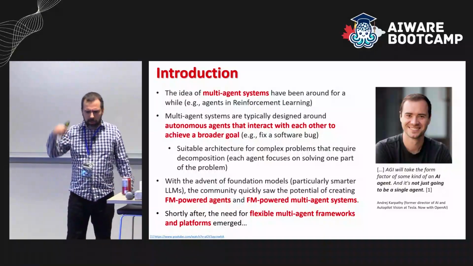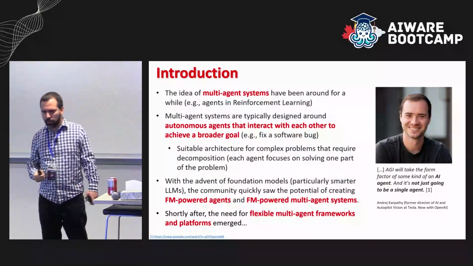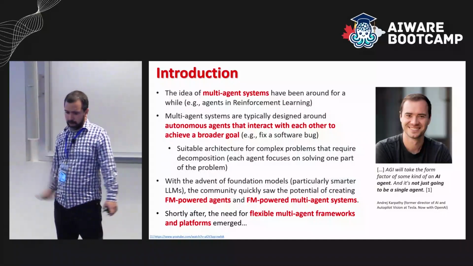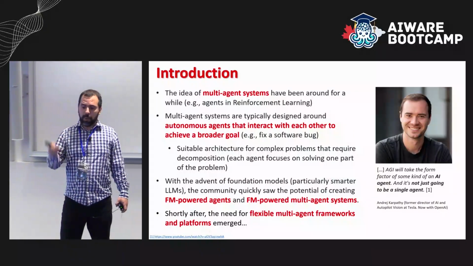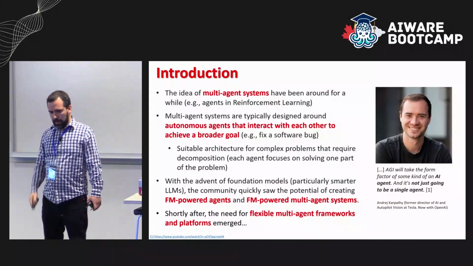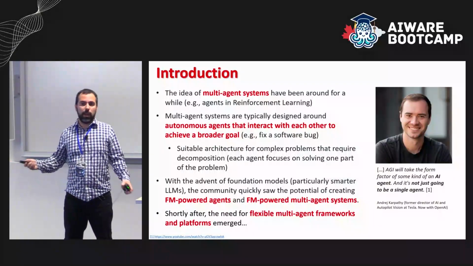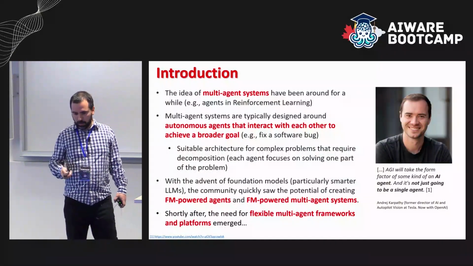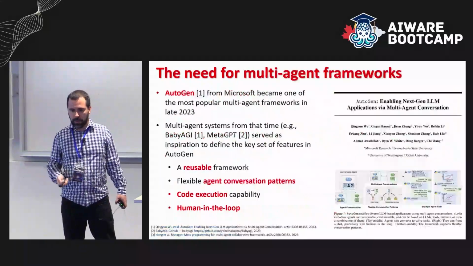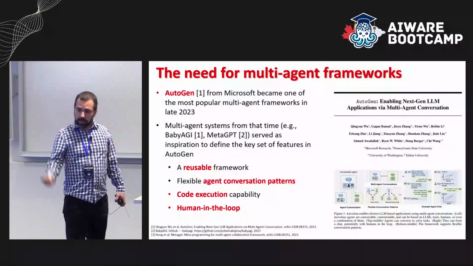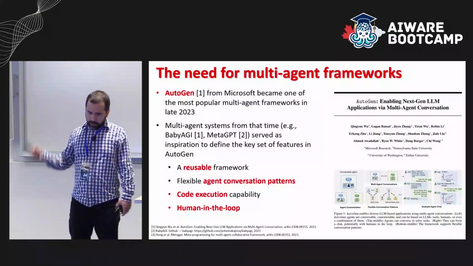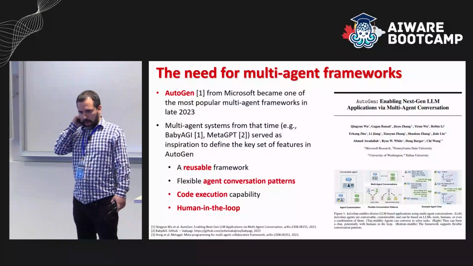And with the advent of foundation models, the community quickly realized the potential of FM-powered agents and FM-powered multi-agent systems, right? And shortly after, people were like, yeah, I guess we need a framework to be able to develop these agents, right? And that's when Autogen came out. It became really popular late last year.